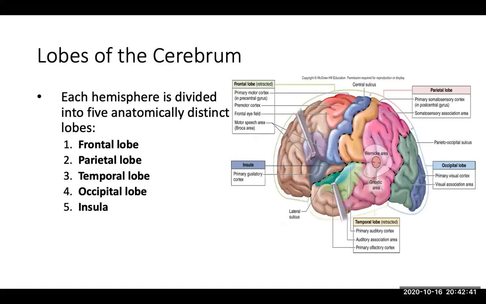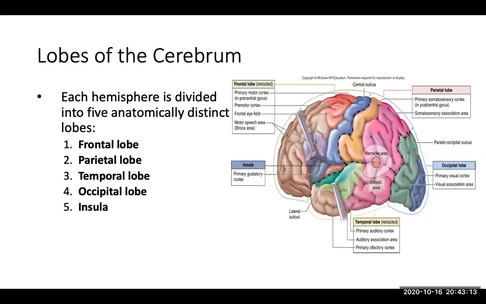So here are the lobes of the cerebrum. Again, I hope you've been over the lobes in lab. Each hemisphere is divided into five anatomically distinct lobes: the frontal lobe, parietal lobe, temporal lobe, occipital lobe, and the insular lobe. You have to pull back the frontal and temporal lobe a little bit to get to the insula. The frontal lobe has your primary motor cortex in the precentral gyrus and the frontal eye field with the motor speech area.